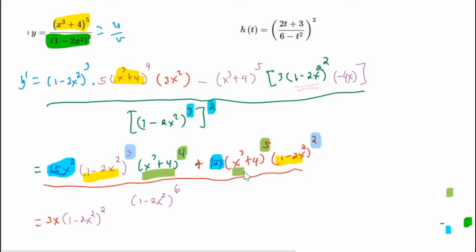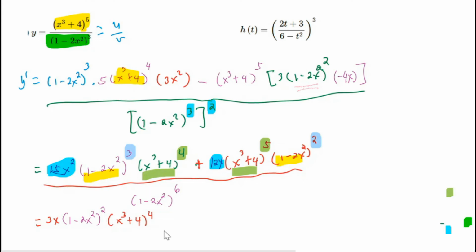They are of the same base, so we can have a common factor: the quantity x cubed plus 4 to the power of 4. So all of this, 3x times the square of 1 minus 2x squared, and the fourth power of x cubed plus 4, are what we call the common factors of the numerator.